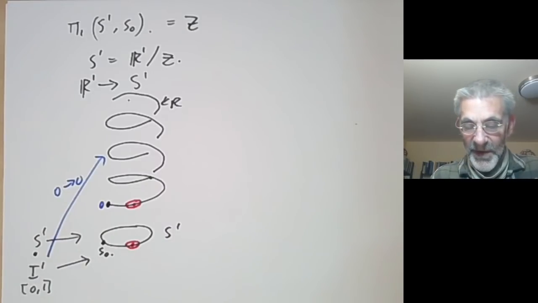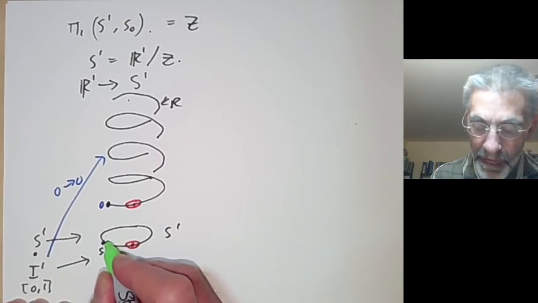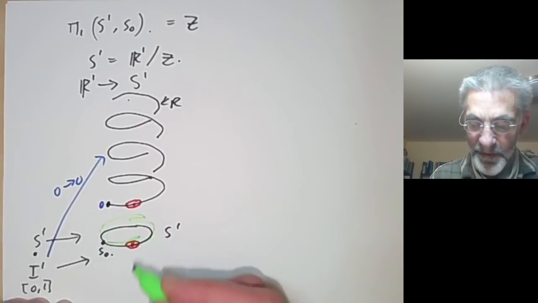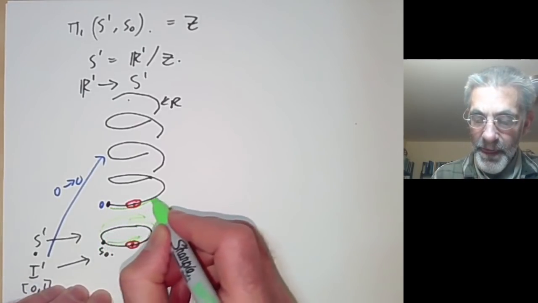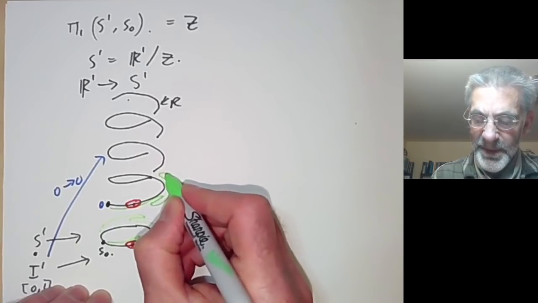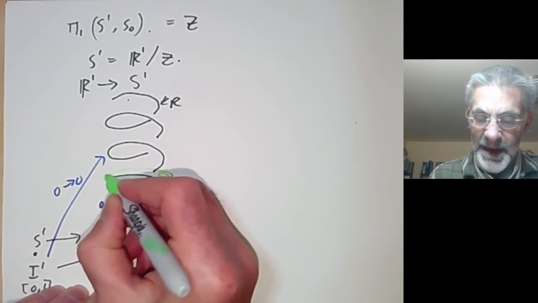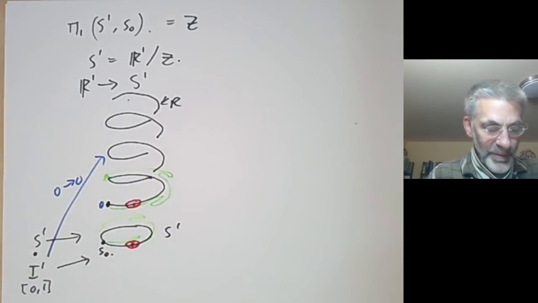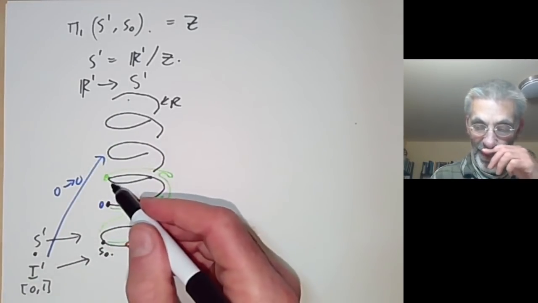So in other words, if we've got any map from I1 to S1, it might go backwards and forwards a bit. We can lift it up here. It might go backwards and forwards a bit, and it might not end up at 0. It might end up at some other point mapping to 0.